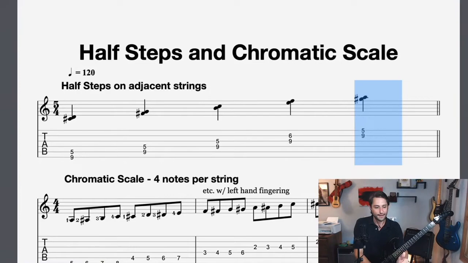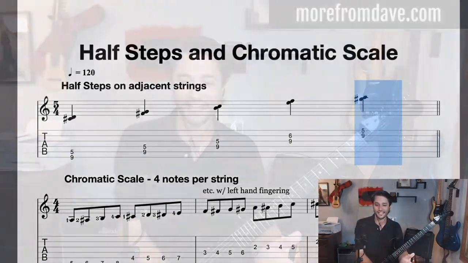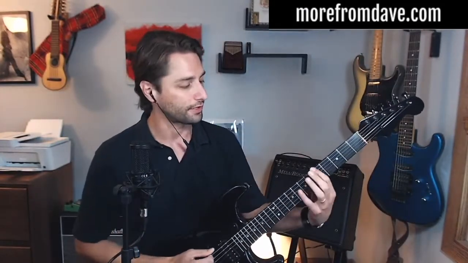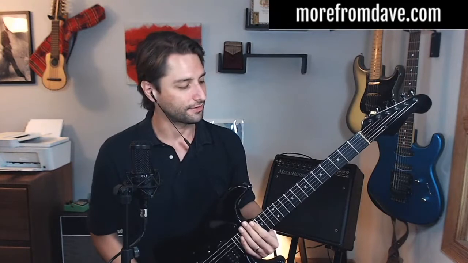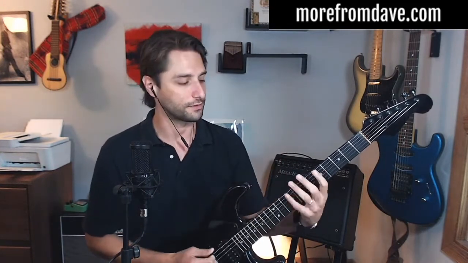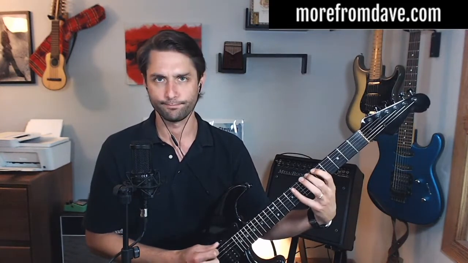So chromatic scale, for example, is our first scale: a scale built entirely of half step intervals. You could play that a lot of different ways. You could start on some note over here and just play consecutive frets on 1 string. That's not very efficient, right? What you could do instead, if you knew how these intervals present themselves between 2 strings, is play 4 notes on a string.